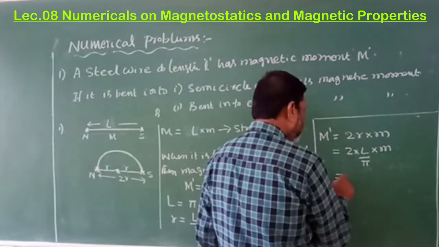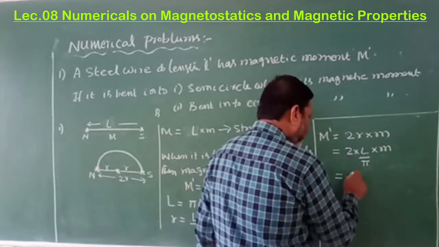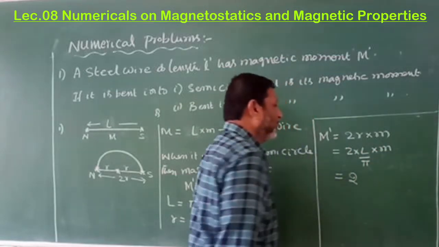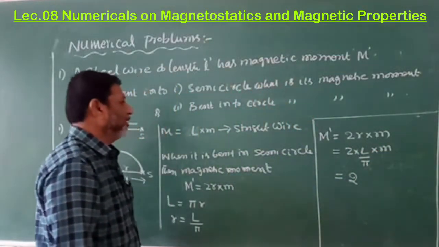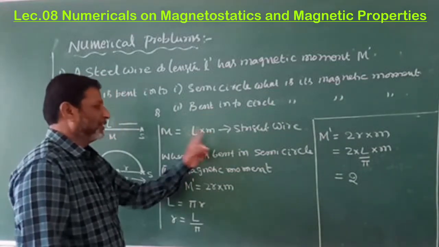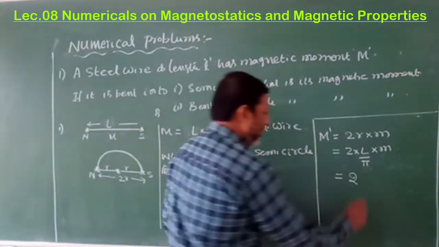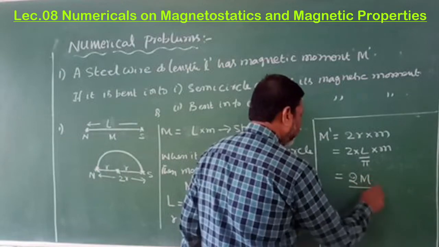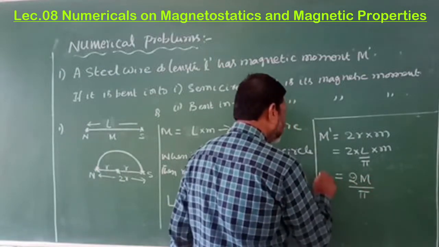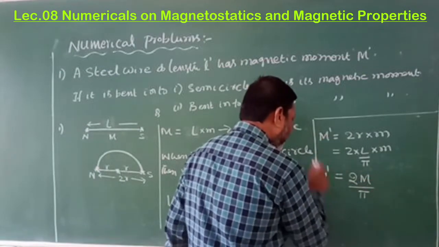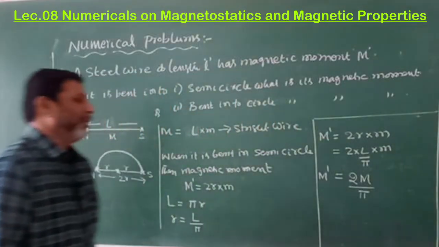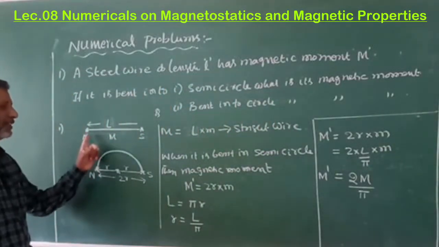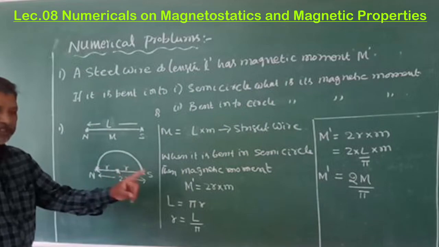Now this is equal to 2, and L into m is nothing but the magnetic moment M, divided by pi. Now see, this is the magnetic moment of the wire when it is bent in the form of a semicircle. This is equal to this much.